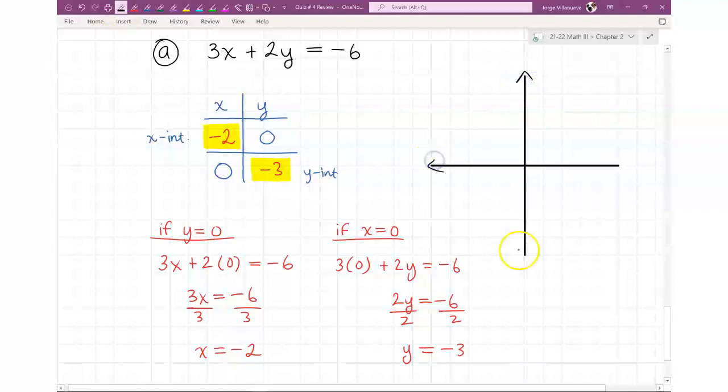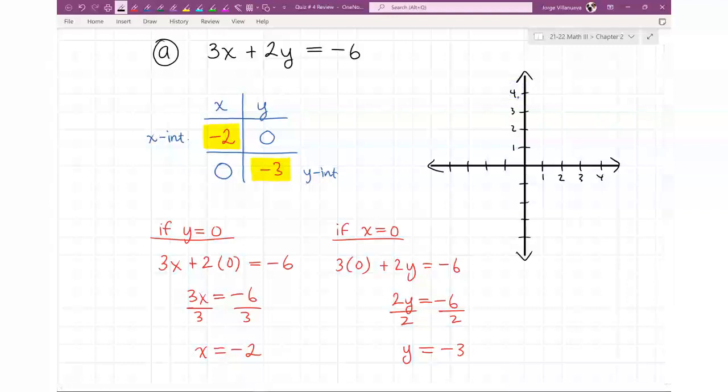So here we go. So I created a 4x4 graph. That means it goes 4 to the right, 4 to the left, 4 up, 4 down. Okay. I'll label a little bit of it, not all of it, but I'll just label the positive sides, okay? So 1 through 4, going up and down, left and right.